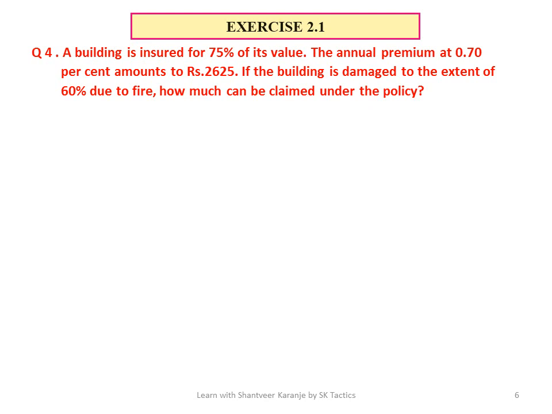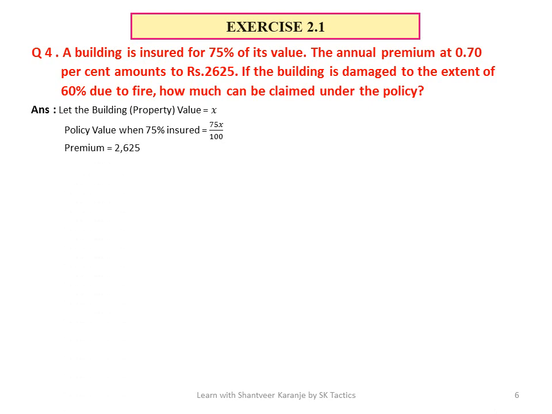First of all, write those terms which are given in the question. First is, let the building value or property value be X. It is not given in the question, so we assume it as X. And here policy is taken for 75% of its value. So policy value when 75% is insured is 75 by 100 of property value, meaning of X, and that can be 75x by 100.